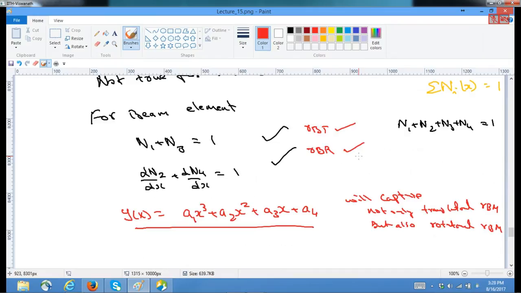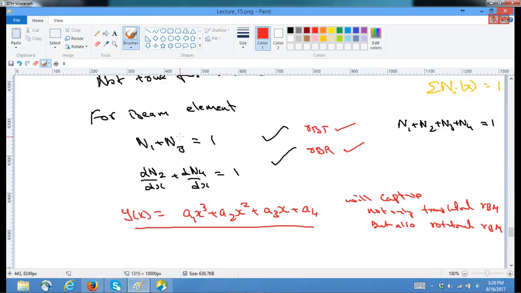So if somebody gives you shape functions of a two-noded beam element such that the mapping is d1, theta 1, d2, theta 2, then the corresponding shape functions should satisfy these properties. Otherwise it is not a complete polynomial and your error will be much more, because if rigid body motions are not captured by your two-noded element, then your error would capture it. If the error captures it, then it would converge very slowly.